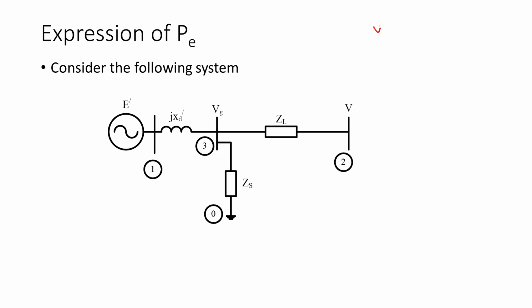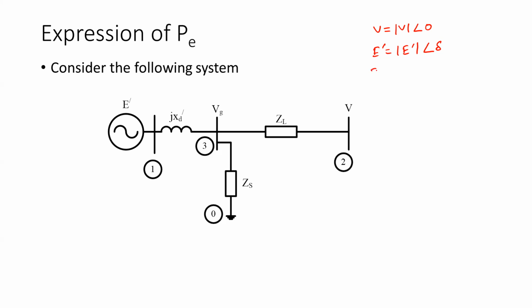That means V, the infinite bus voltage, will have a magnitude, and by default, what is the angle of the infinite bus? What do you assume? Zero, sir. Zero, because we assume that is my reference voltage. Similarly, E dash will have a magnitude E dash, and the angle associated is typically delta, right? VG is again a magnitude VG with some specific angle, something that we still don't know, and you will see that we don't need to know it as well.